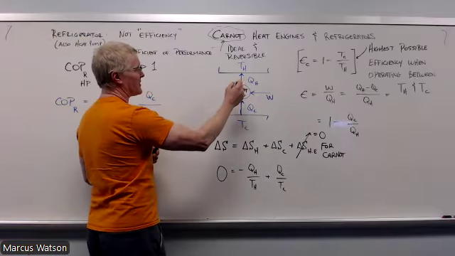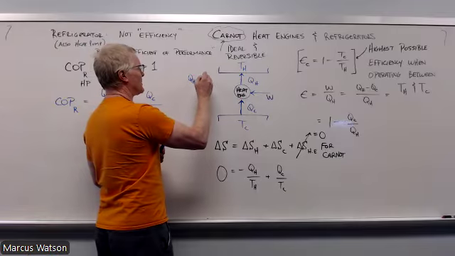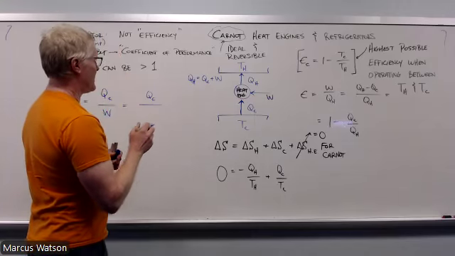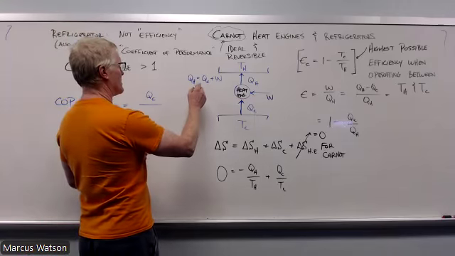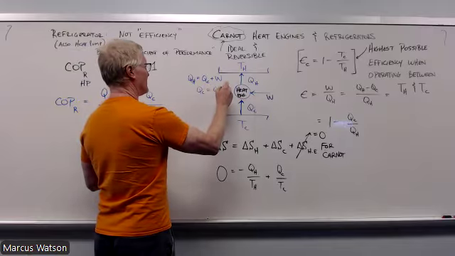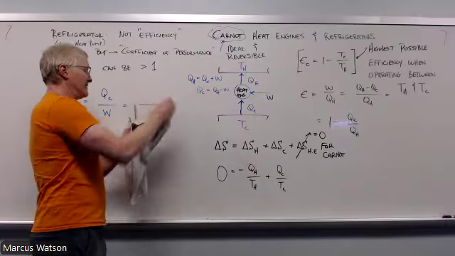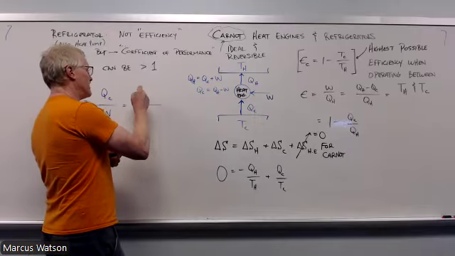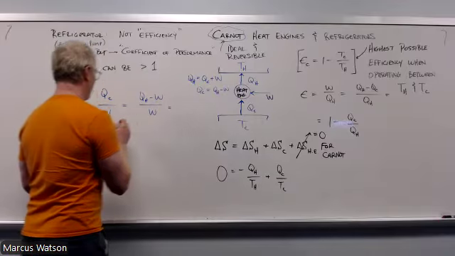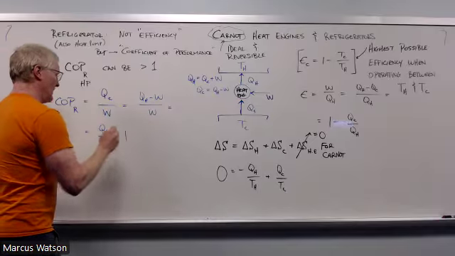Again, still notice here that the ins must equal the outs, so QH has to equal QC plus W. And therefore, QC would be equal to QH minus W. So I guess you could do it this way. It'd be kind of weird. QH minus W over W, which means it's equal to QH over W minus 1.